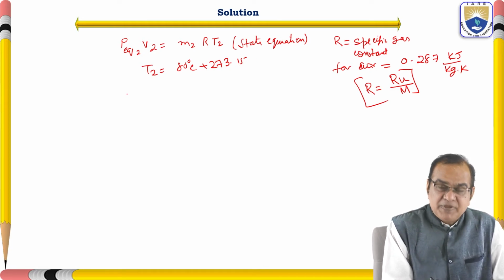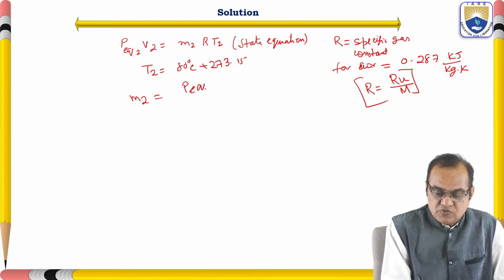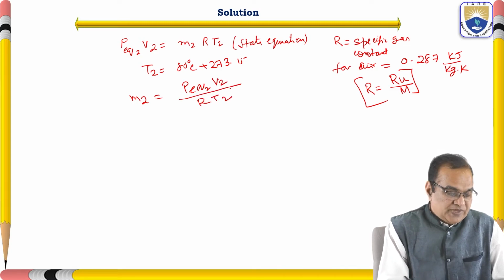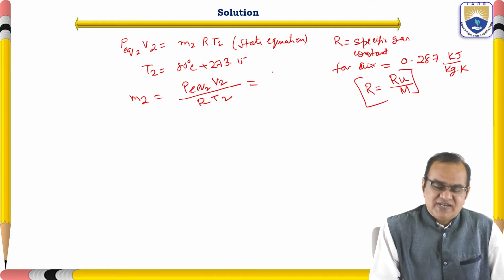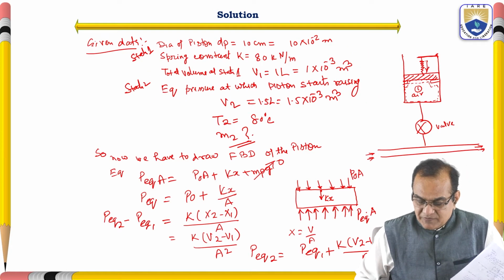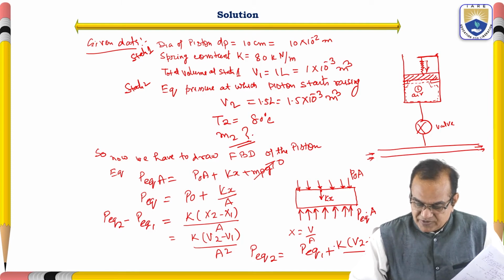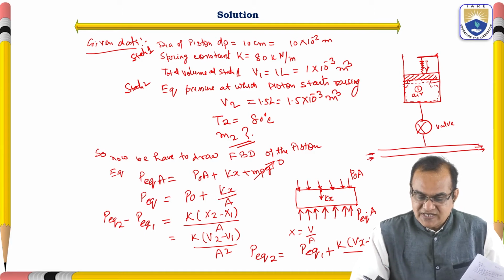So we know P EQ2, we know V2, we know R, and we know T2. So we can get M2 is equal to P EQ2 into V2 divided by R T2. If you put in the values of all these parameters, V2 is already given, and we can find P EQ2 from P EQ1 plus K times V2 minus V1 by A square.